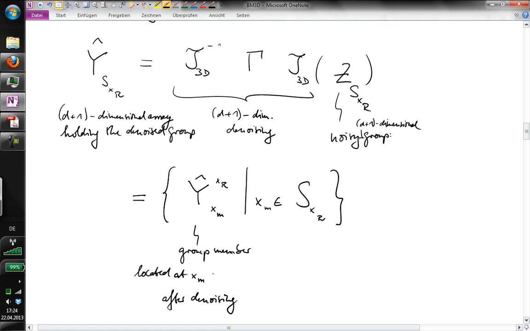So it's a group member located at xm and denoised by other patches that were similar to that around xr. So to be precise here, zxr.